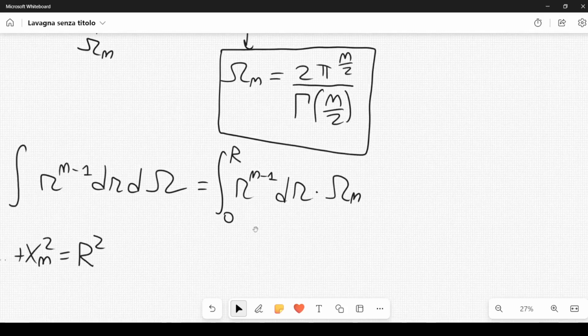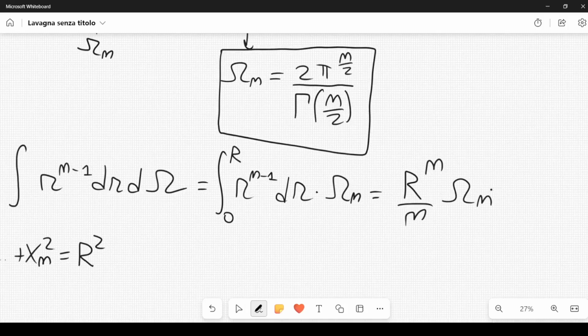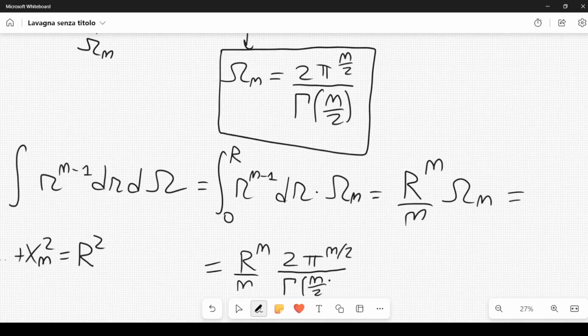So this integral will simply give you capital R to the power n divided by n, and then we have to multiply by omega sub n. We have the expression for omega sub n, therefore this is equal to R to the power n over n times 2 pi to the power n over 2 divided by gamma of n over 2, like this.